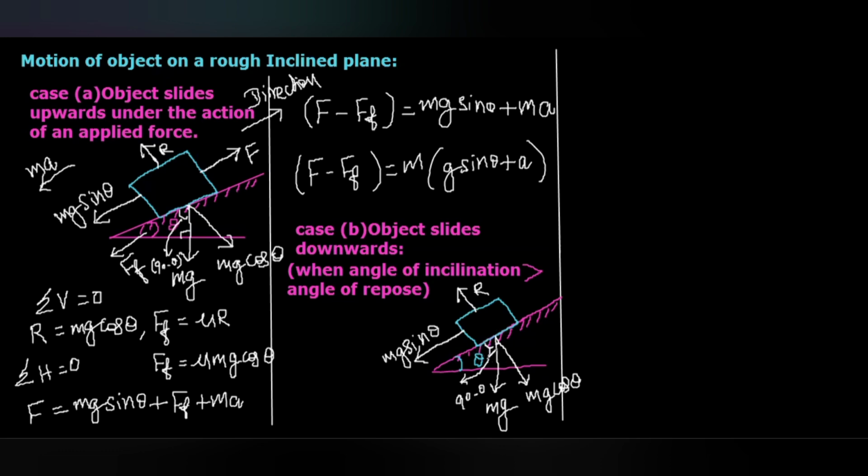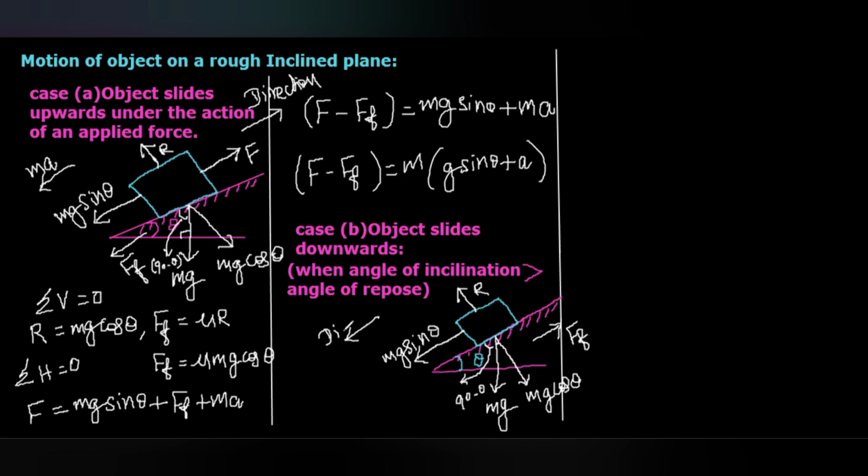Or here you can see, when the angle of inclination of the reference plane is greater than the angle of repose, due to the mg sin theta, the object will slide downwards. So the frictional force F_f will act upward, and mg sin theta minus F_f is in this direction.